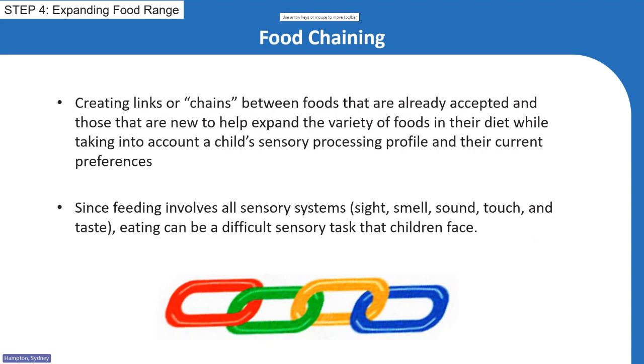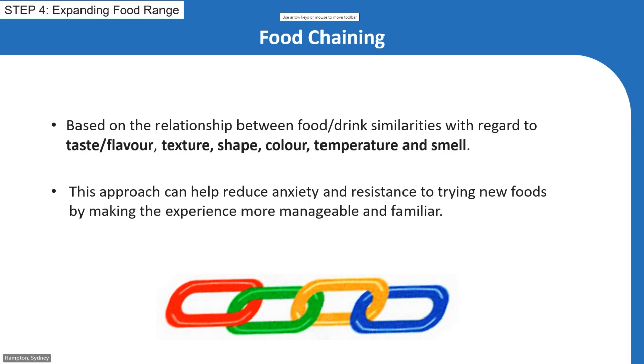Since feeding involves all the sensory systems, we think sight, smell, touch, sound, and taste, we want to think about eating as another sensory task that a child may face, and it can be really tricky. So, with food chaining, we look at the relationship between that food and drink, the similarities with regard to taste, flavor, texture, shape, color, temperature, and smell, which we are now going to be all experts at analyzing.